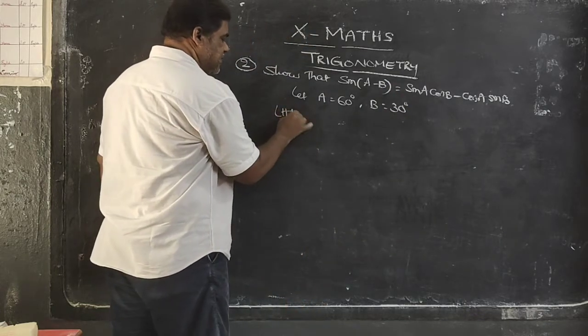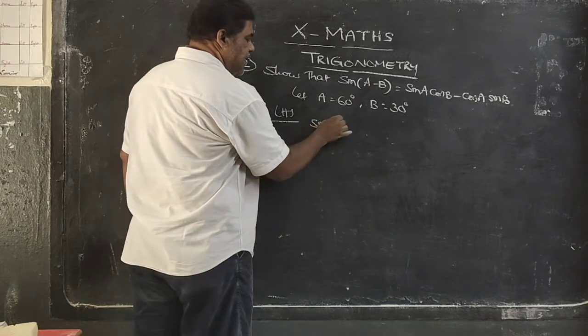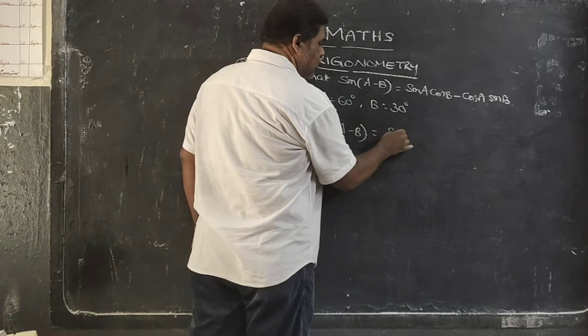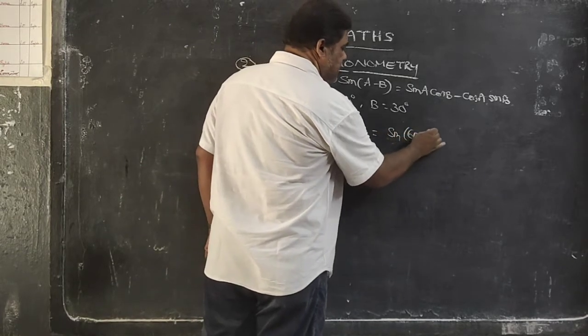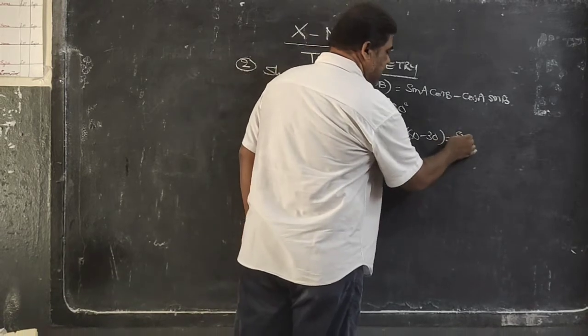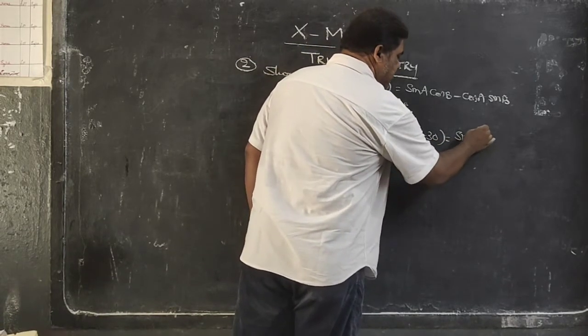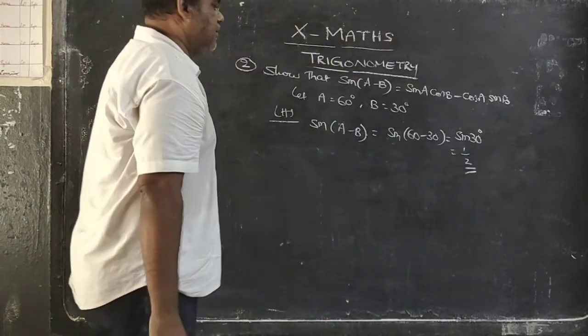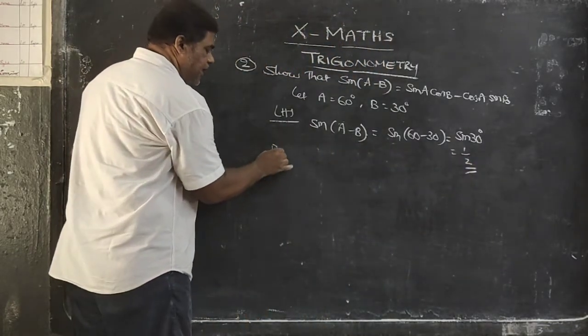Take LHS. Sin(A minus B). Substitute A is equal to 60 degrees, B is equal to 30 degrees. So sin(60 minus 30) is sin 30. Sin 30 degrees value is 1 by 2. So LHS we got 1 by 2. Now take RHS.